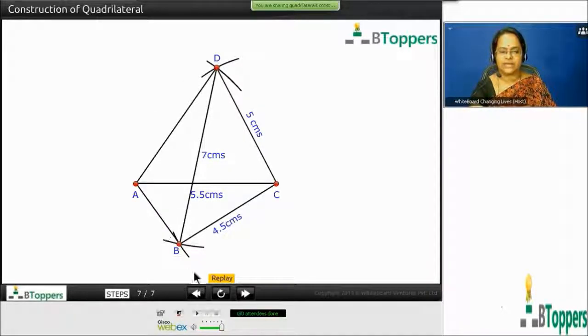That is ABCD. ABCD is the required quadrilateral with the diagonals AC as well as BD. Okay, children?